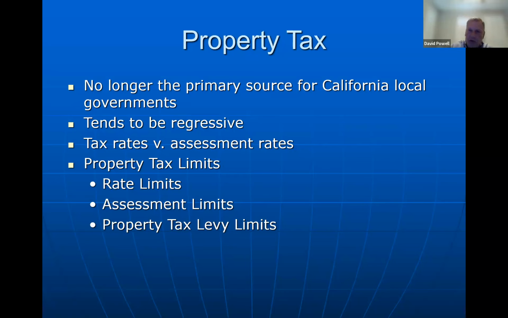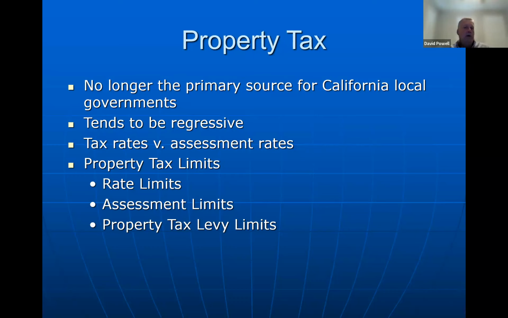So you can see how it works. 10 mil is then equivalent to 1%. And it's just different terminology that different states use. But we're going to talk percentages because that's what we use here in California. So the tax rate is the percentage of taxation that is applied to the assessed value of the property.